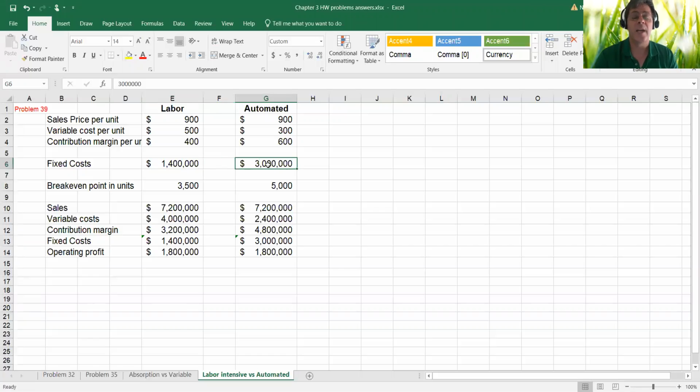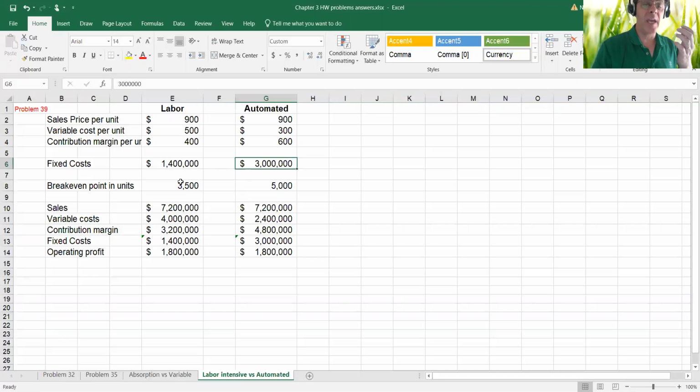But if you do it automated, you have a lot of fixed costs that have to be spent regardless of volume on the machines, whether it be programming, whether it be maintenance, whether it be other things that go into running those machines. So we have obviously some very different levels, almost more than double under the automated system.